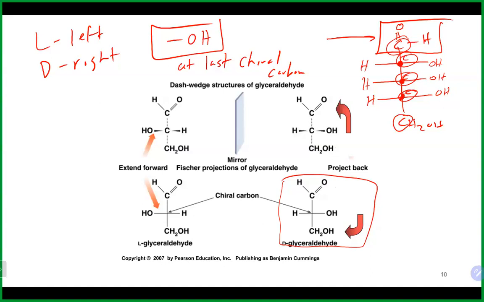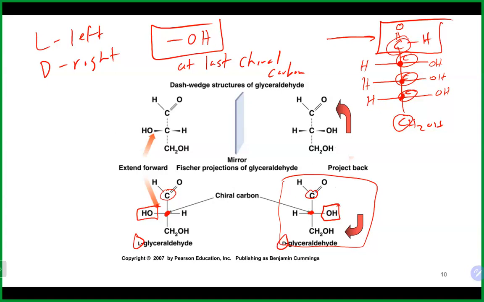In this particular case, there's our organic group. This right here is the last chiral carbon, and the OH group is on the left-hand side, so that is L. This is our last chiral carbon away from the organic group. The OH group is on the right, so that is D in this case. And that's basically what L and D represents.